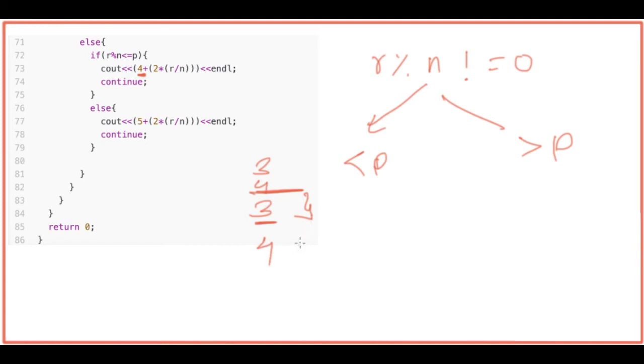But if it is greater than 4, suppose here it was till 7, then again 10, then suppose it was 12, then 12 lies in this range. Then two cables should be added. So 3 plus 2, 5, 5 plus twice into r by n. So that should be all the cases.